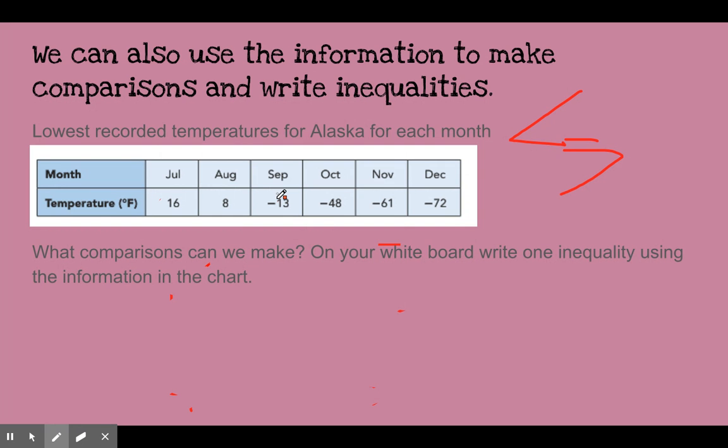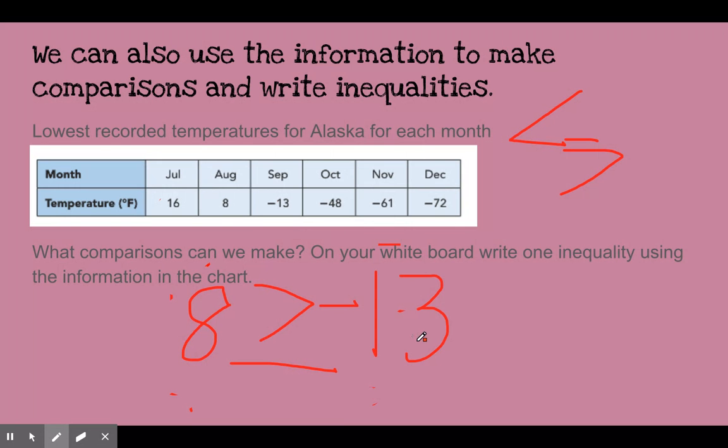So if I wanted to use that information to write a statement of inequality and I knew August was 8 degrees and September was negative 13, to make it an inequality, I need to put a symbol there in the middle. And I'm going to say that 8 is greater than negative 13.